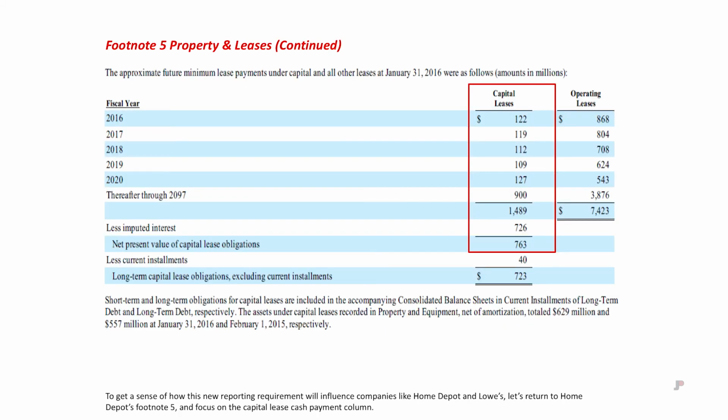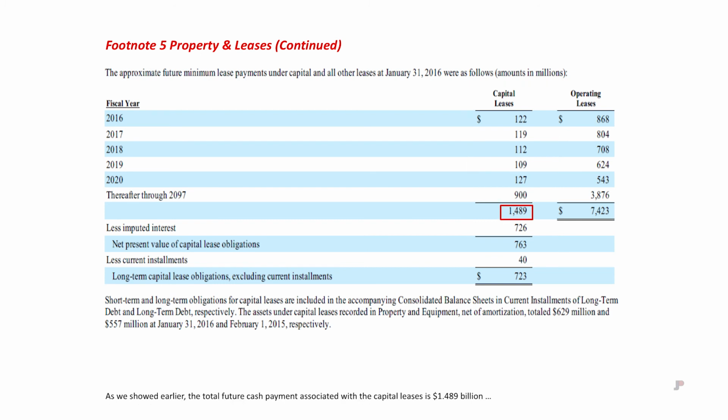To get a sense of how this new reporting requirement will influence companies like Home Depot and Lowe's, let's return to Home Depot's footnote 5 and focus on the capital lease cash payment column. As we showed earlier, the total future cash payments associated with the capital leases is $1.489 billion.